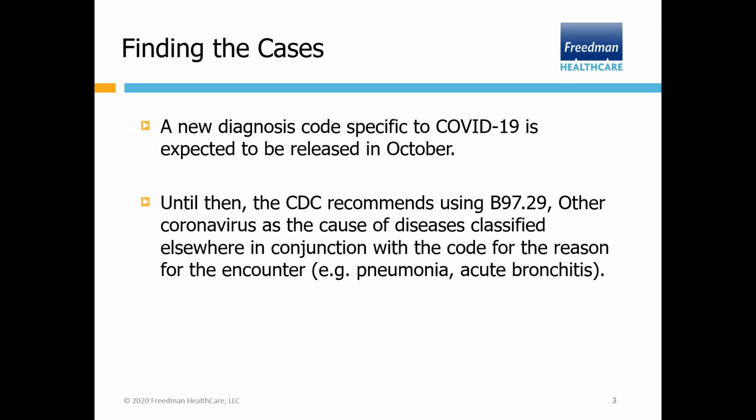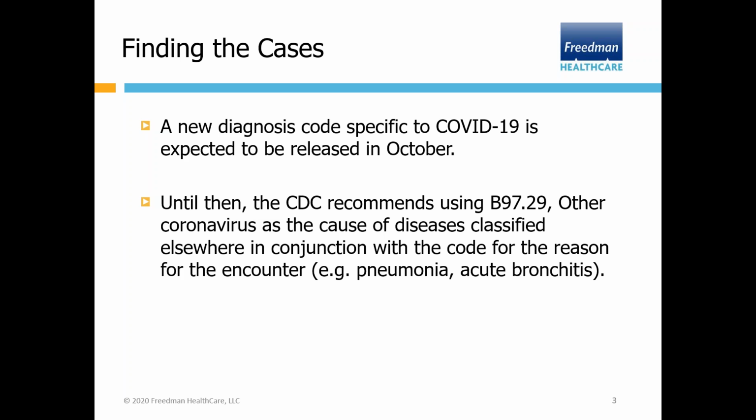So pneumonia, acute bronchitis, cough, and we're going to give you a list of those codes in just a minute so that you can begin to build those queries, not post COVID-19 crisis, but so that when the new data is available, you have it ready to go.